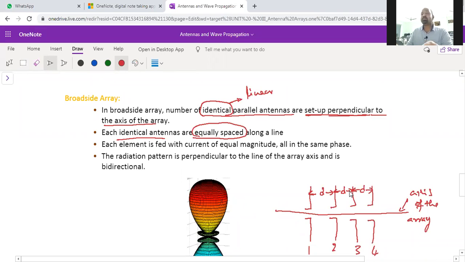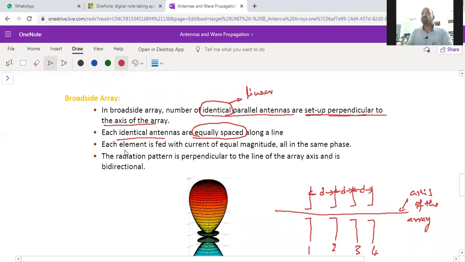For example, if d is equal to lambda by 4, the spacing between the elements is lambda by 4. If d is equal to lambda by 2, the spacing between the elements is lambda by 2, like that. So identical antennas set up perpendicular to the axis of the array is the first point. Equal spacing is the second point to be remembered.